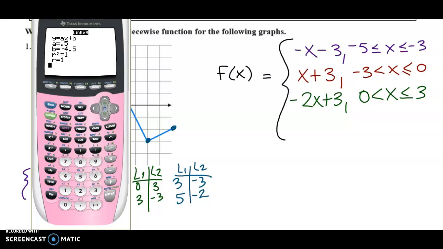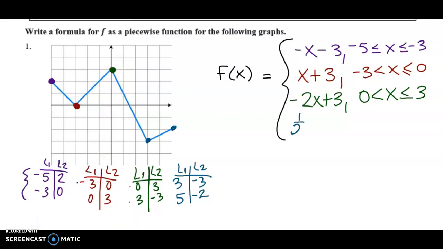It looks like 0.5x minus 4.5. For the sake of having a slope, I know 0.5 is the same as 1/2. So then I have the slope in a way that's usable, and I start at 3 and at 5.